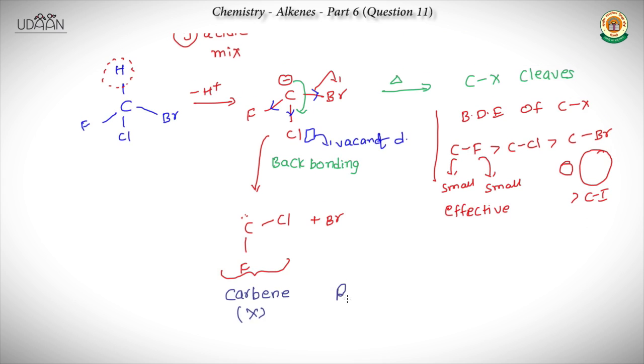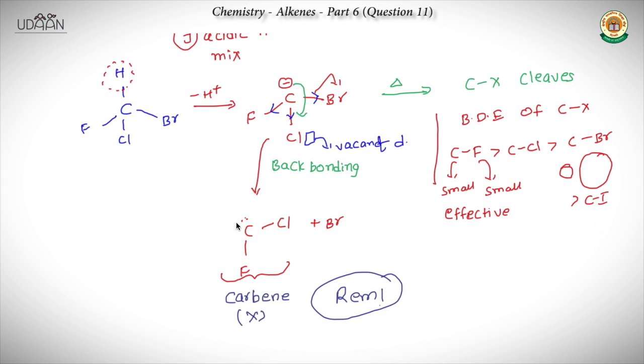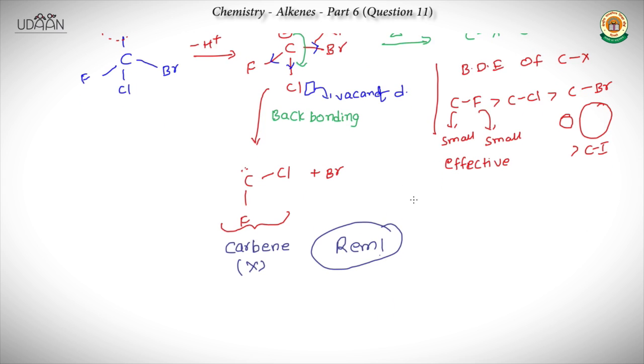Remember this. Now, this carbene is neither an electrophile nor a nucleophile. Okay, and why is that so? Because the carbon atom has 6 electrons. It has neither accepted an electron nor lost an electron. So it is neither an electrophile nor a nucleophile.